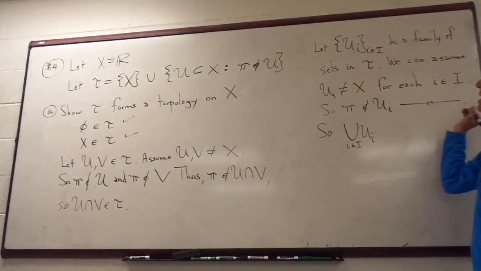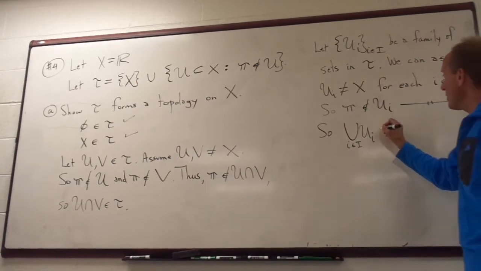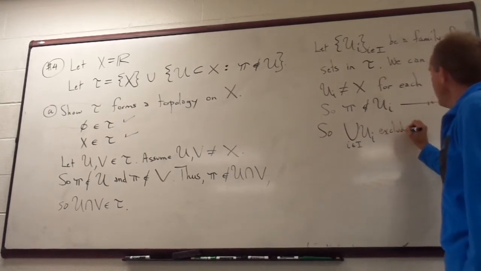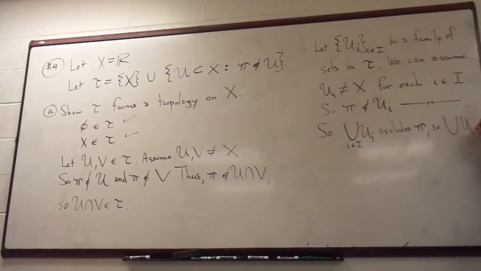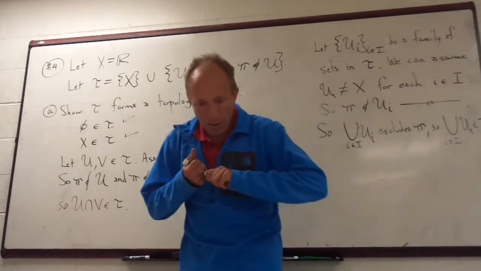No, because it's not in any of the sets, right? So this excludes pi. So the union of the U sub i's is in tau. So it's closed under unions. Does this make sense so far? Awesome. So it's a topology. Okay, so we have a good topology now.